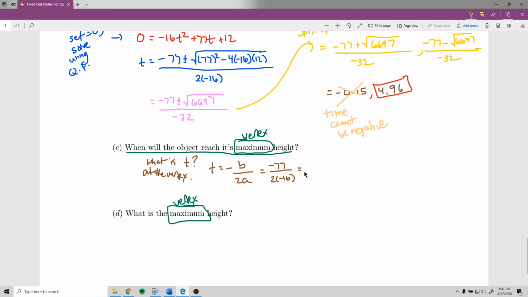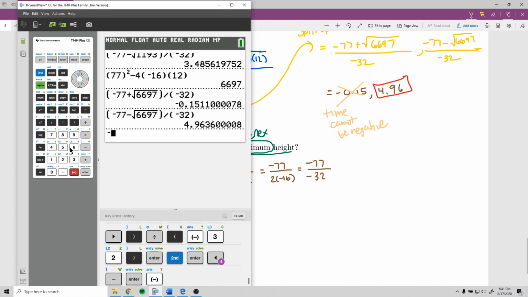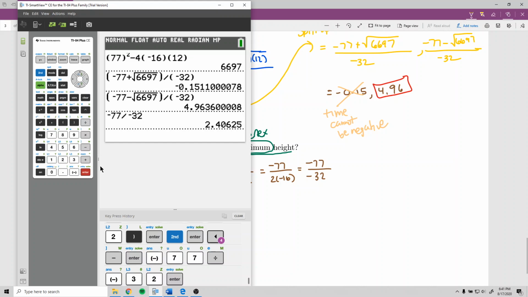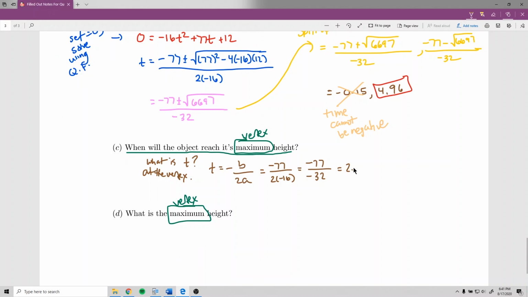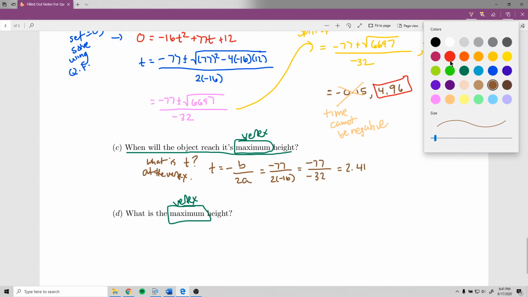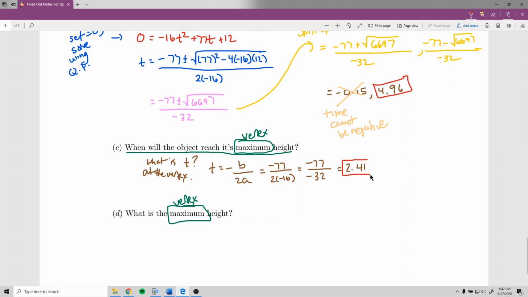Now I'm going to simplify this a little bit by hand first because it's easier than typing in the calculator right away. 2 times negative 16 is negative 32. And then what is negative 77 divided by negative 32? Remember, we want to round to 2 spots. It's 2.41. That's how long it will take to reach its maximum height.